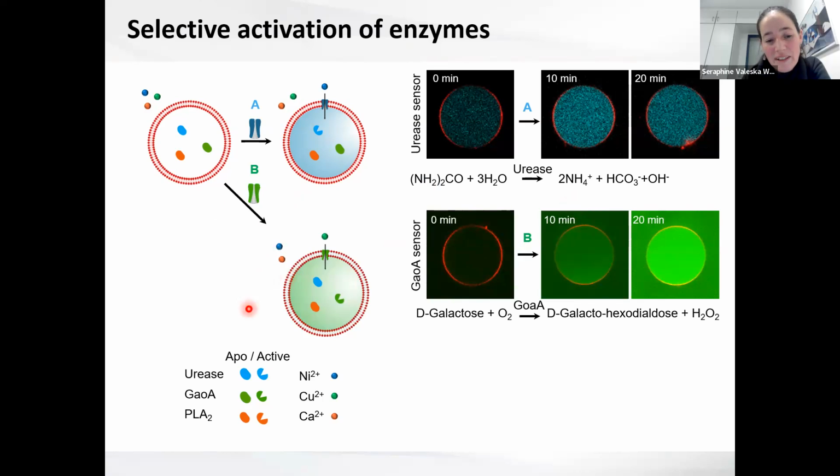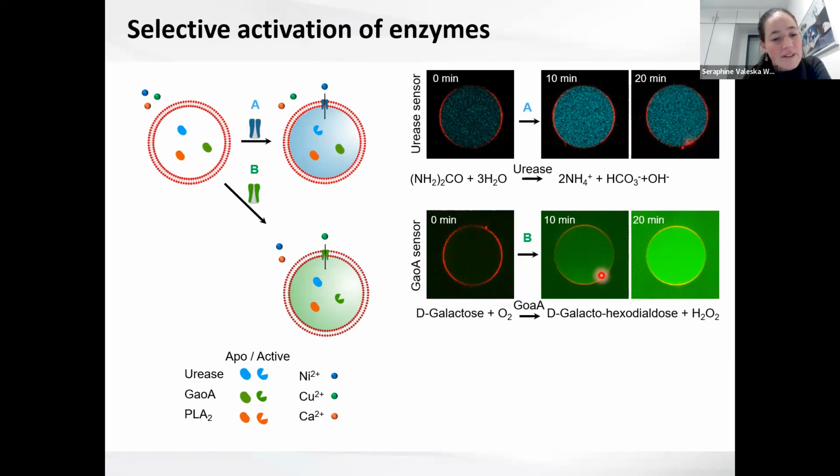For ionophore B, we coupled the activity of copper transport to a galactose oxidase. Galactose oxidase is a copper-dependent enzyme, and it can oxidize galactose and thereby generate hydrogen peroxide. And we can follow this again as an increase in the fluorescence using the Amplex Red reagent.